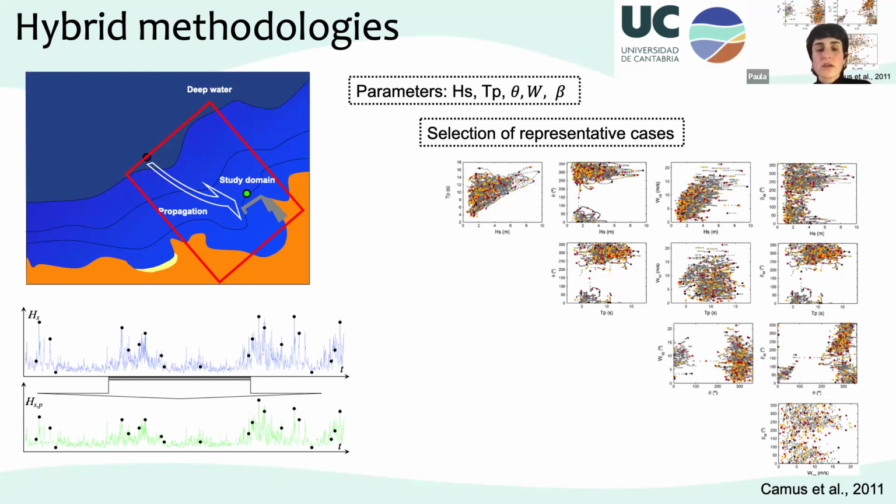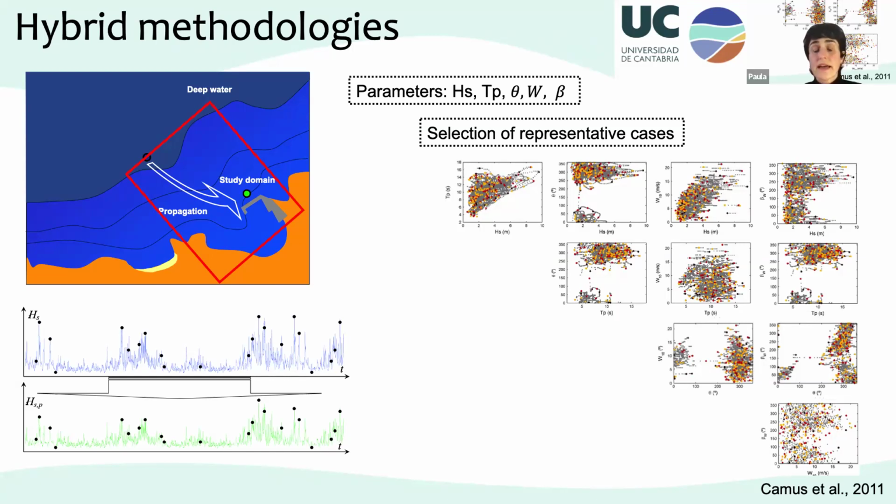hourly sea state. So instead of doing that, we propose to develop a hybrid methodology that consists of several steps. The first one is to parameterize the problem, because here we are just in a very easy example. We are considering that in the computational grid, we have uniform wave condition as a boundary, and also a constant wind.